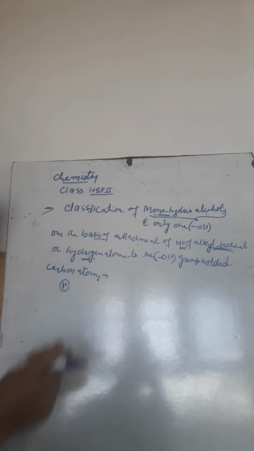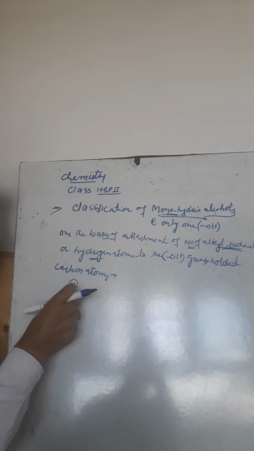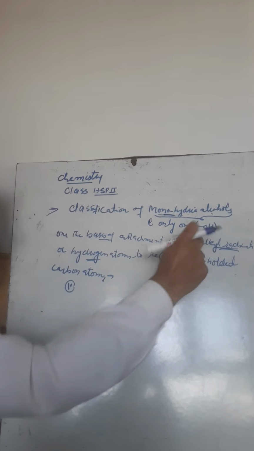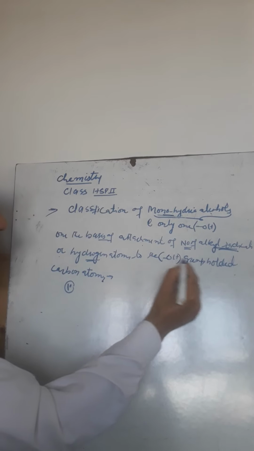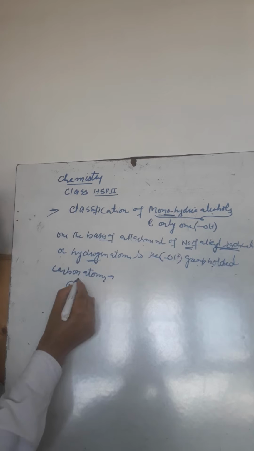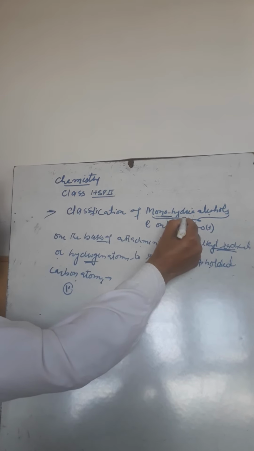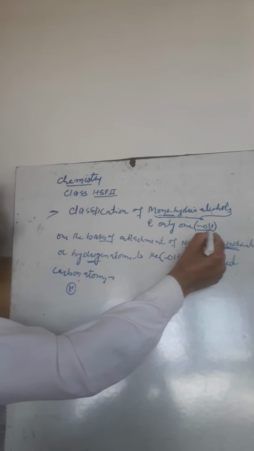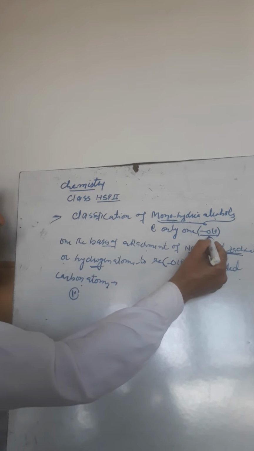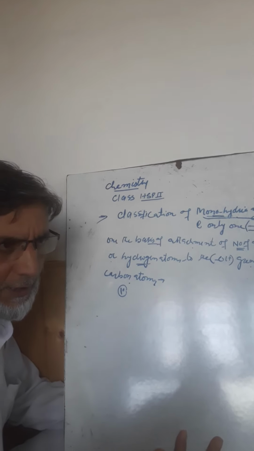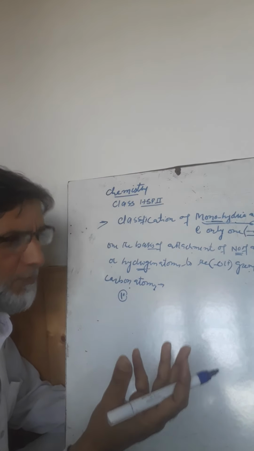Now, before writing the classes of these monohydric alcohols, let me explain this: hydroxyl group holding carbon atom. Monohydric alcohols contain a hydroxyl group attached to a carbon atom in the compound.